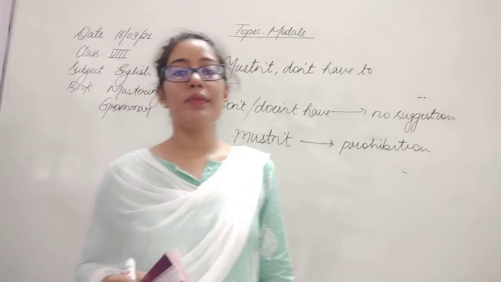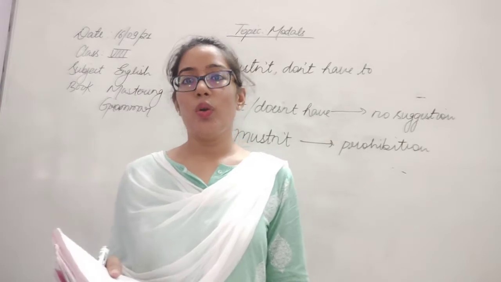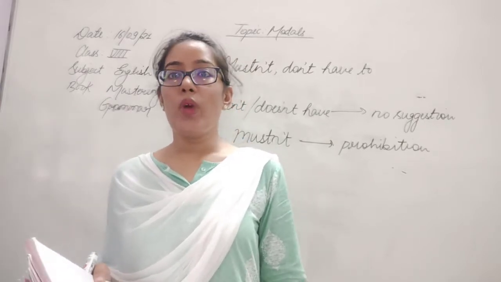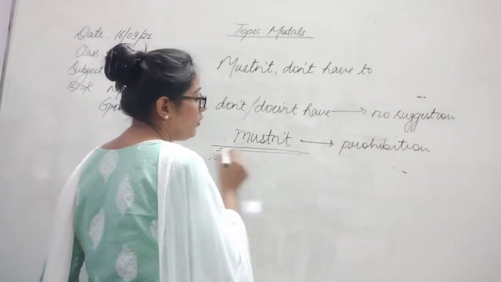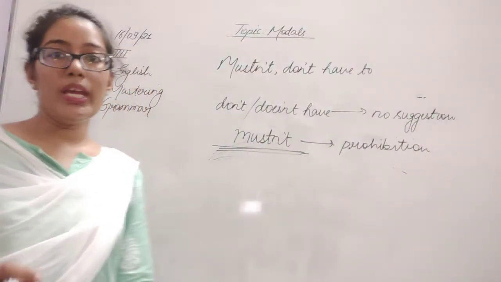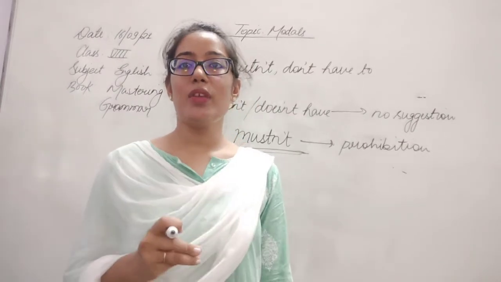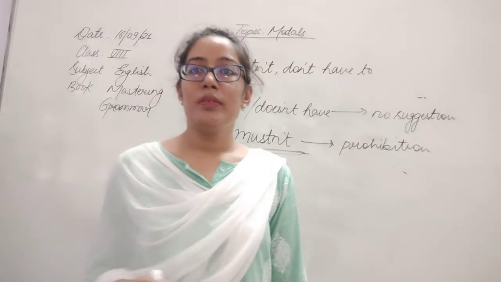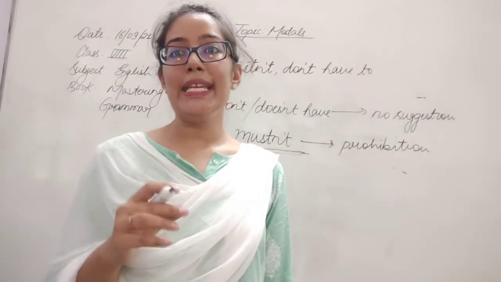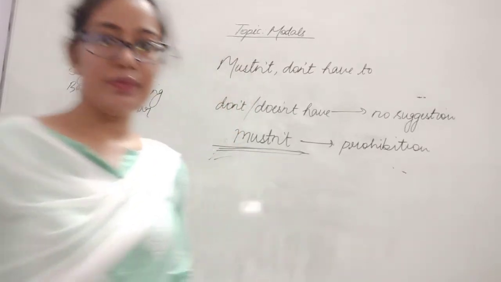Why? Because they would get suntan or heat strokes. So what would be used for prohibition? Mustn't. For prohibition, when something is restricted, when something is told not to be done in a strict manner, then mustn't is used.